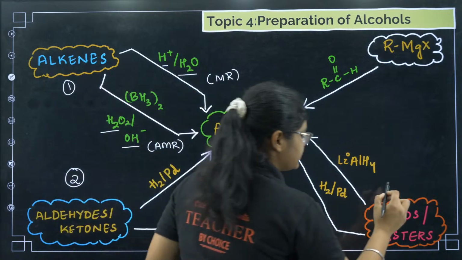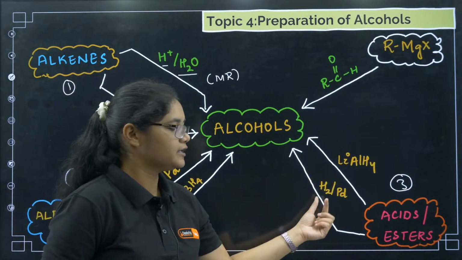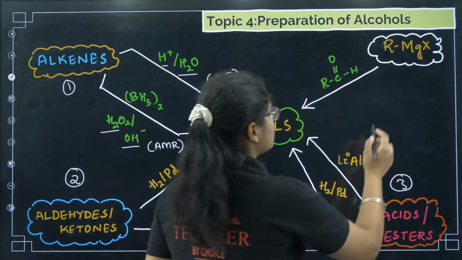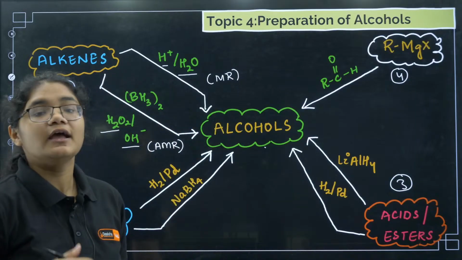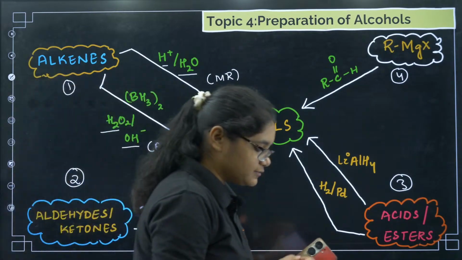And the third one is from acids and esters. So here you can use LiAlH4 or H2 palladium to reduce them to alcohols. And for Grignard reagent, you can take any Grignard reagent and treat it with aldehydes or ketones, and you will get alcohols.